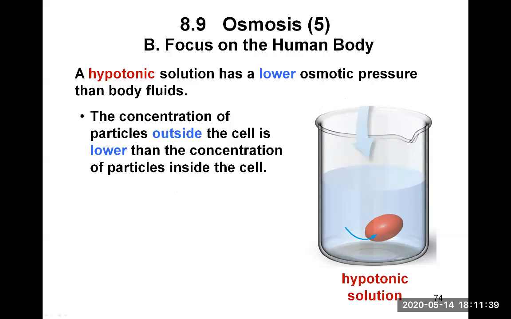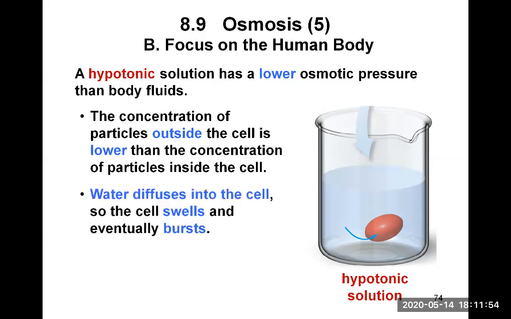Because the solutes inside the cell are not allowed to come out, only water can move in and out. And so the water will diffuse into the cell, going from low concentration of solute to high concentration of solute.